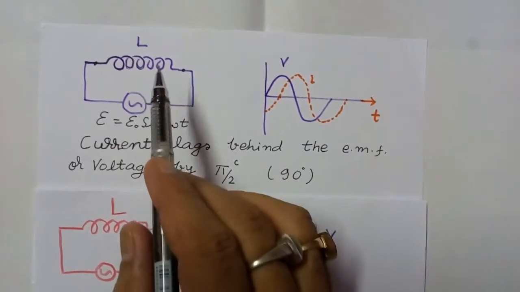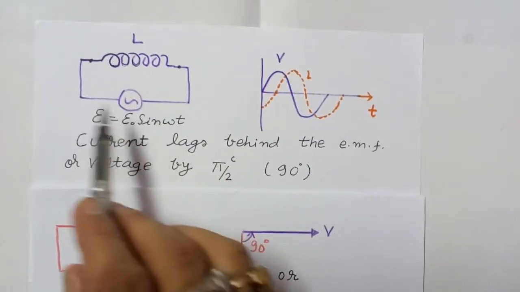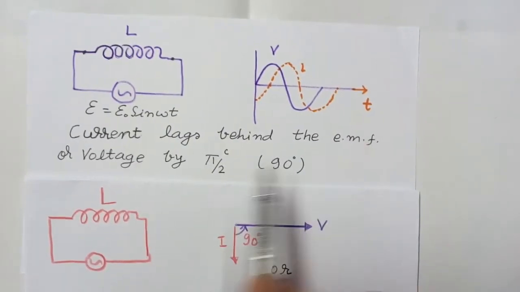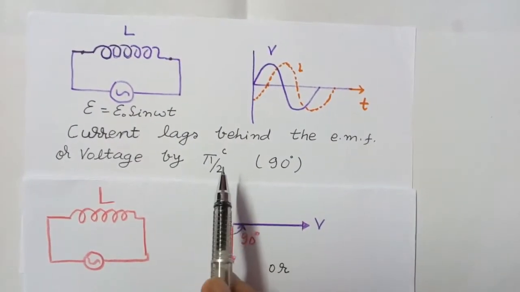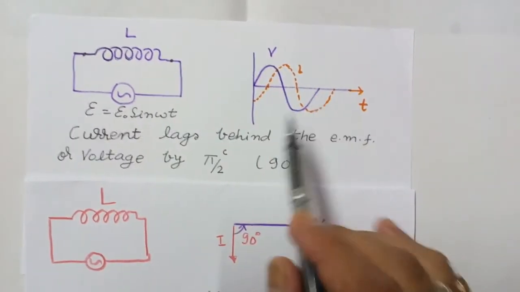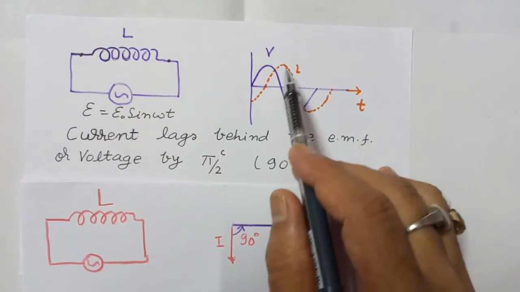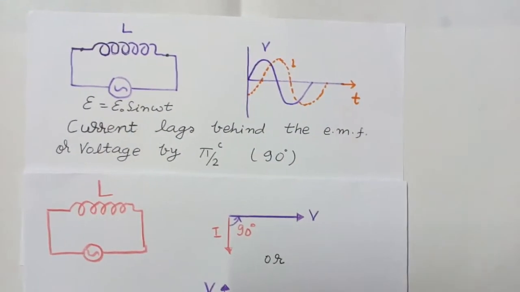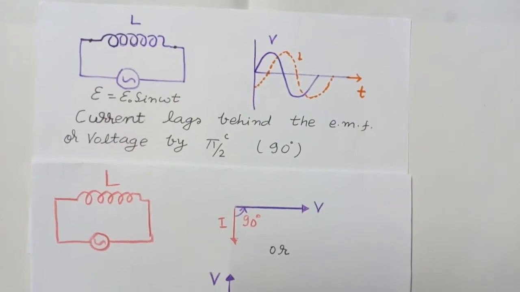If we connect a pure inductor to alternating current source, then we know that current lags behind the EMF by pi by 2 radian or 90 degrees. This is graph for V and t, and this graph is for current I and t. So current lags behind the EMF by 90 degree.